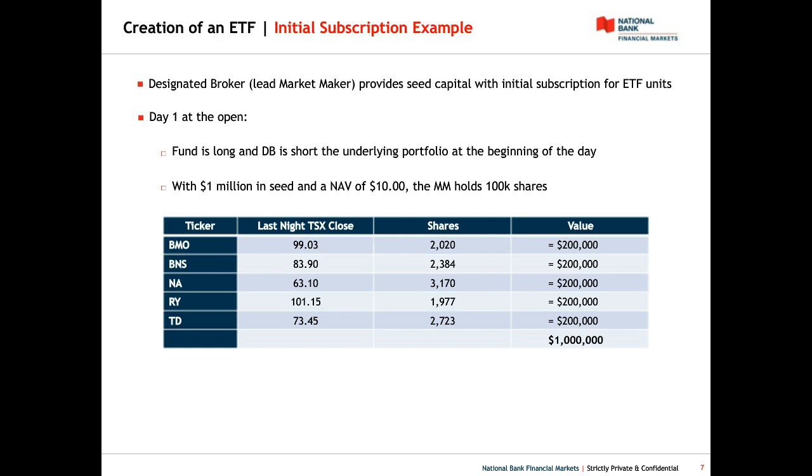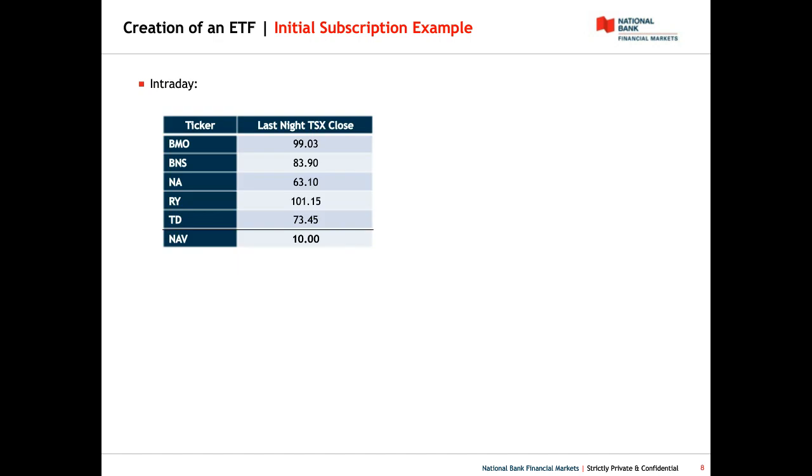Now, in this example, as you can see, we assume a 5-stock equal weighted portfolio. And at $10 per unit NAV, the designated broker starts with 100,000 units before the opening bell on day one. So what happens intraday? Last night, the fund's NAV of $10 was based on the TSX closing prices of 5 stocks.